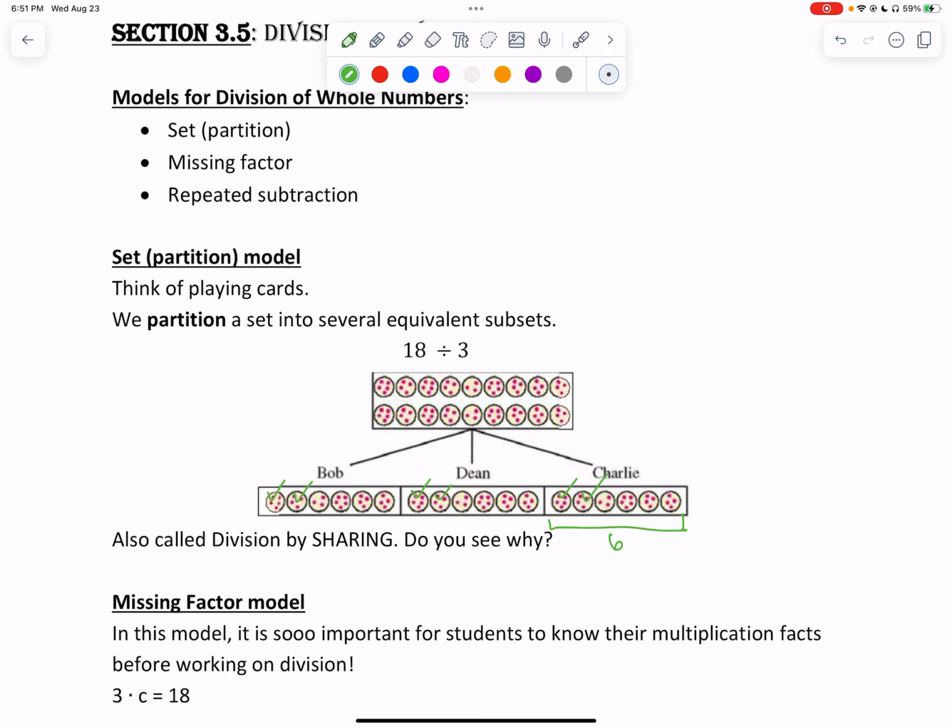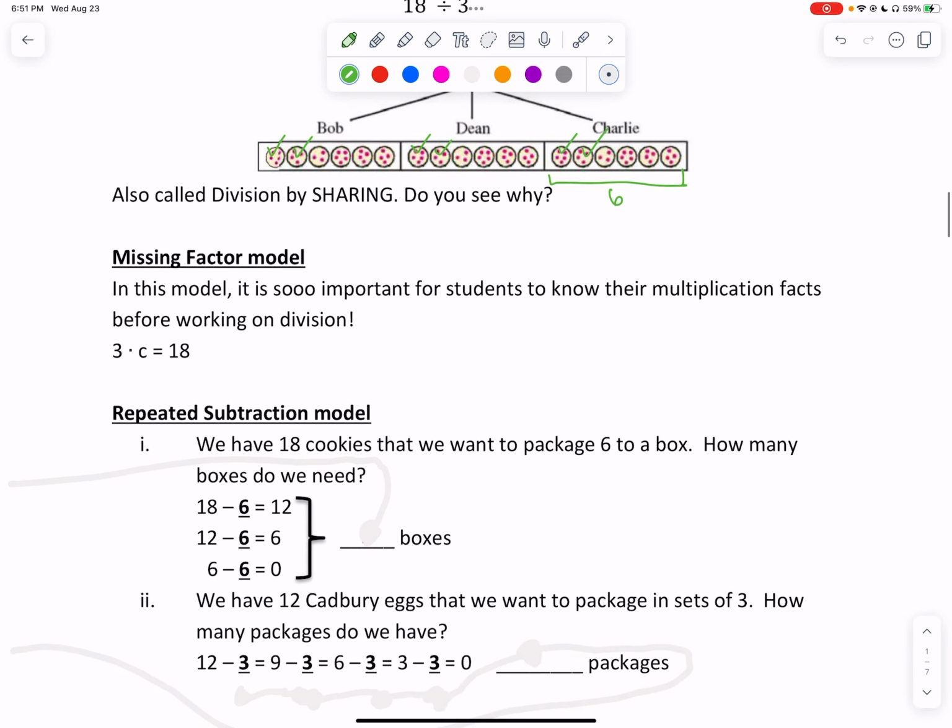Okay. The next one is called the missing factor model. So if students really know their multiplication facts, they are going to do really well with the missing factor model. It really relies on those fact families that we talked about.